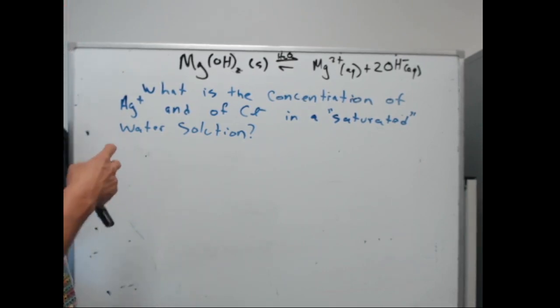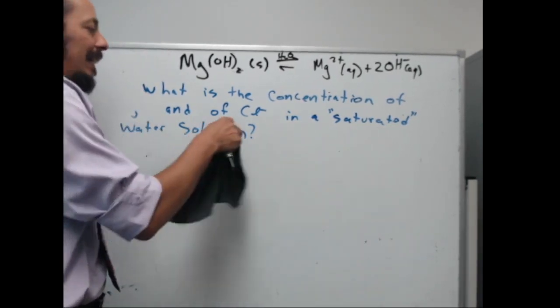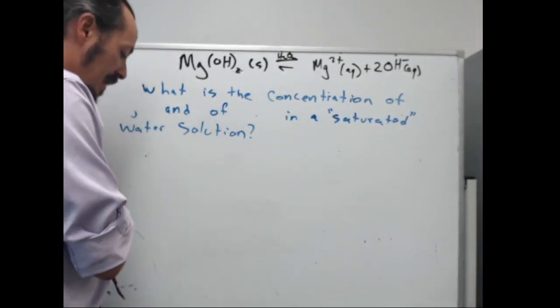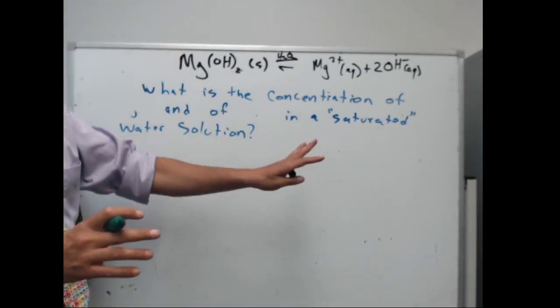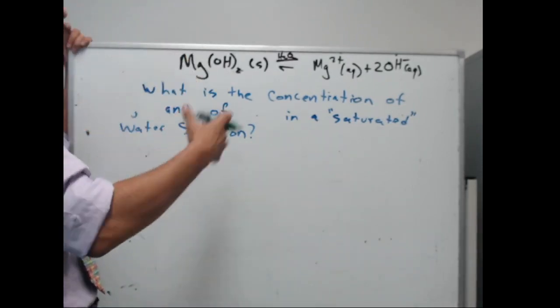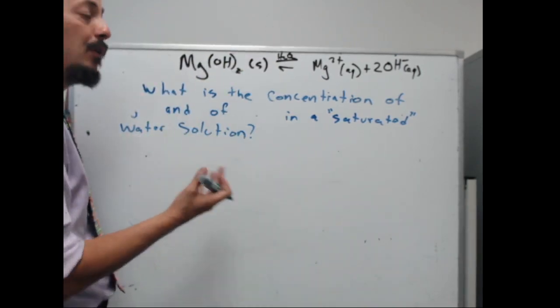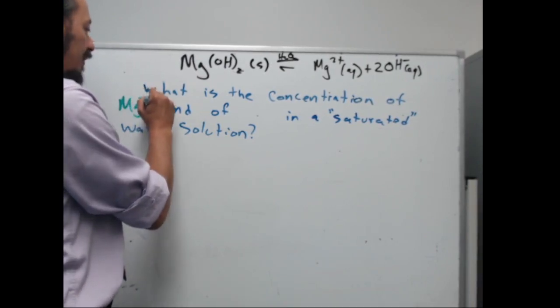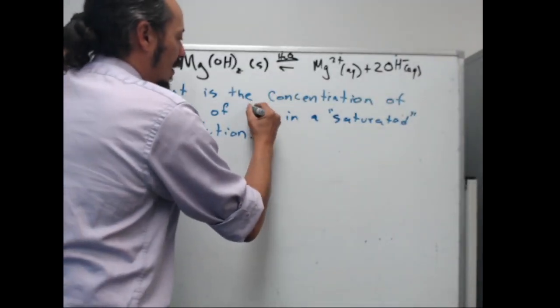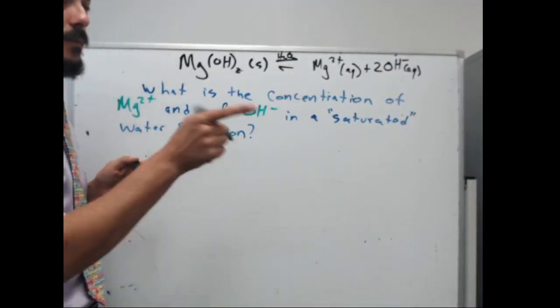So our 127 definition of soluble and insoluble is really not detailed enough. It was mostly soluble, mostly insoluble, and we can find the actual value of it. So we're going to find our magnesium 2+ concentration and our OH minus concentration.